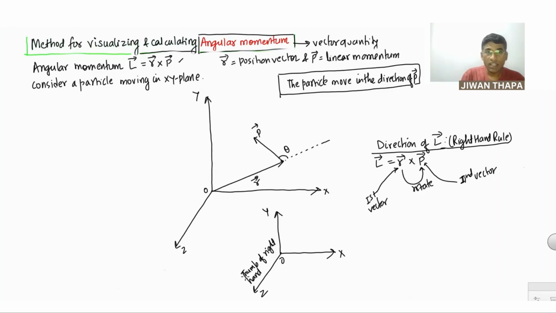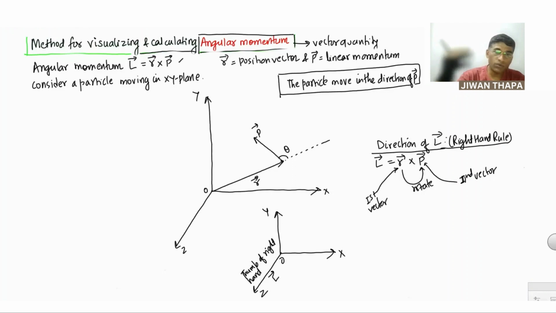So we find angular momentum in this situation. When we rotate the finger, which is pointing along the direction of R, towards the linear momentum, we find the thumb pointing in outward direction. So we find the thumb pointing along Z. So this is one way to find the direction of angular momentum using the right hand rule.